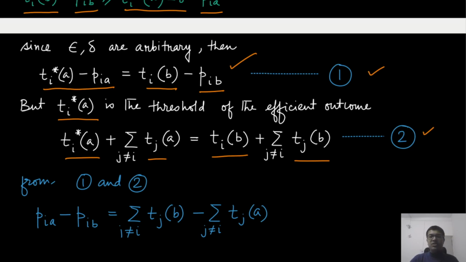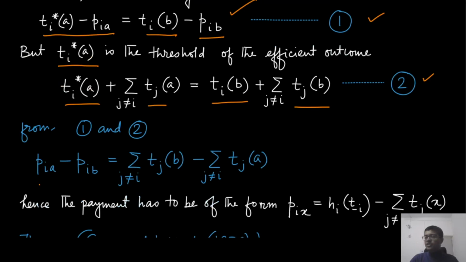As we have seen, there are similar terms. Ti star A appears on the left hand side in both cases, and Ti B appears on the right hand side in both cases. So you can subtract 1 from 2 and get the following expression, which is the difference of the payments.